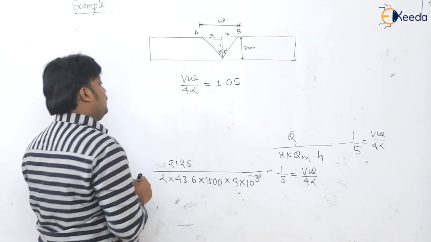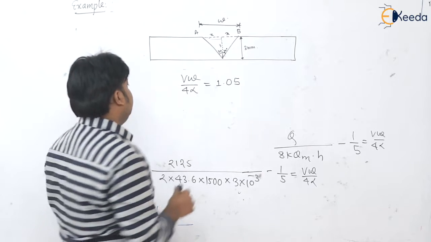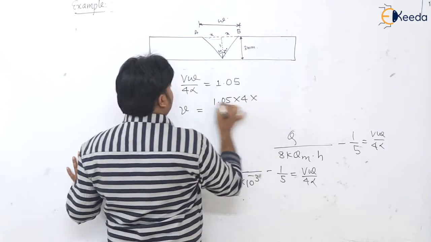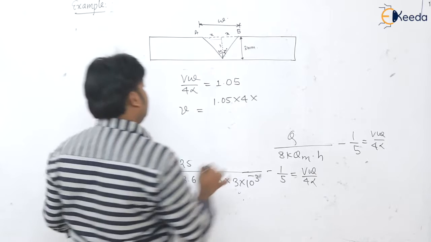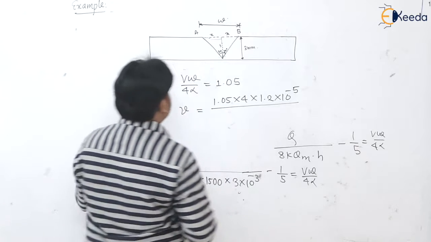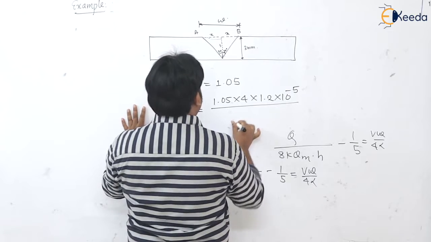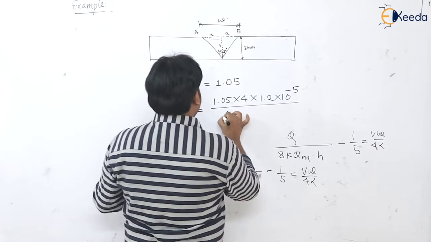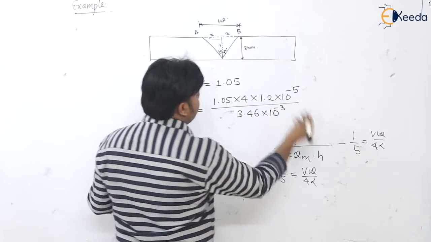Now we are interested in finding out the velocity they are asking. So V will be 1.05 into 4 into the thermal diffusivity, which is given as 1.2 into 10 to the power minus 5 meter square per second, divided by this W. W we have calculated as 3.46 into 10 to the power minus 3, in meters.